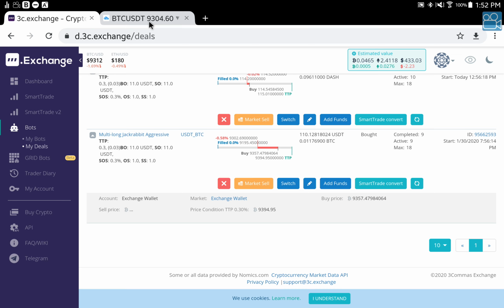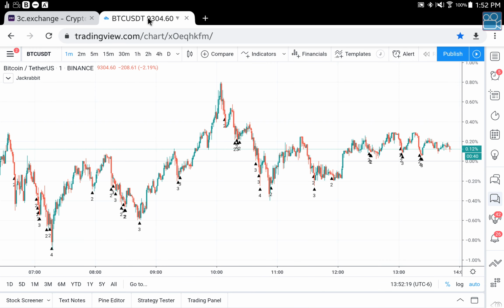For example, let's go look at the Bitcoin chart to explain this better. Okay, this is the percentage side, and the percentage changes. As you can see, I have a lot of buy activity, but I don't have a lot of percentage change. And that's the problem that this strategy runs into with coins that end up in a sideways market or have a high value, like Bitcoin right now being over $9,000.